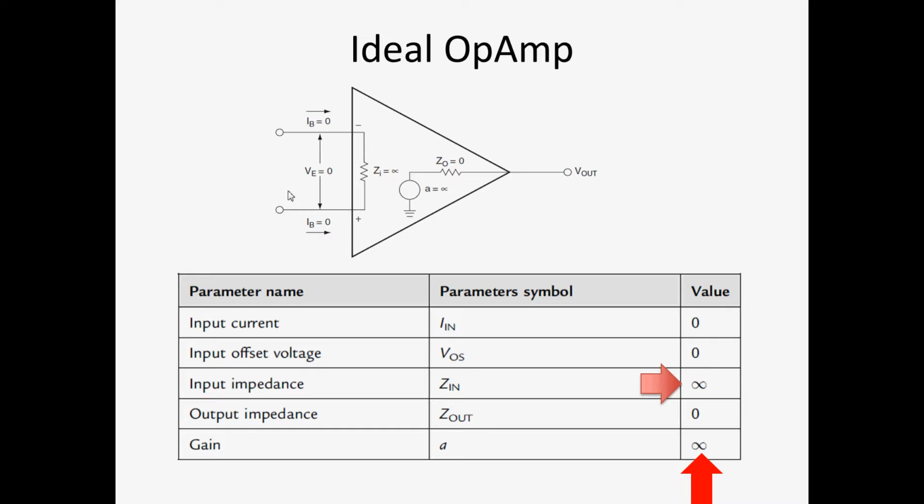Obviously, the music you hear leaking through someone else's headphones is not as good as it would be if you were listening through the headphones, right? So that's the same thing. If the input impedance of an amplifier is not infinite or very, very high, you're going to change the behavior of the signal.